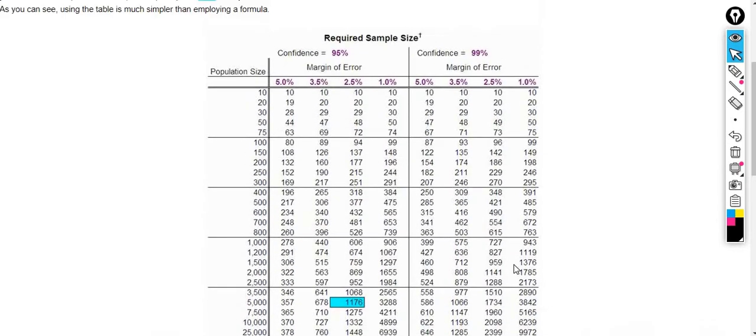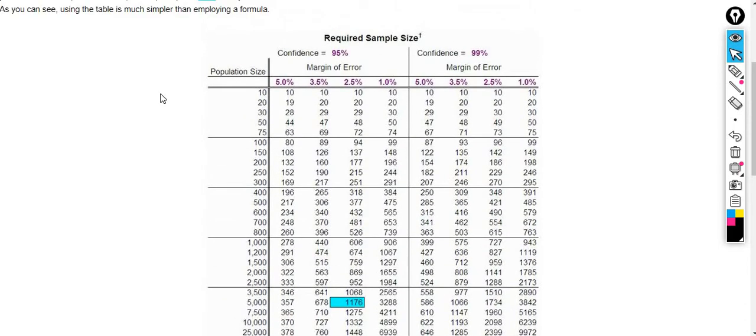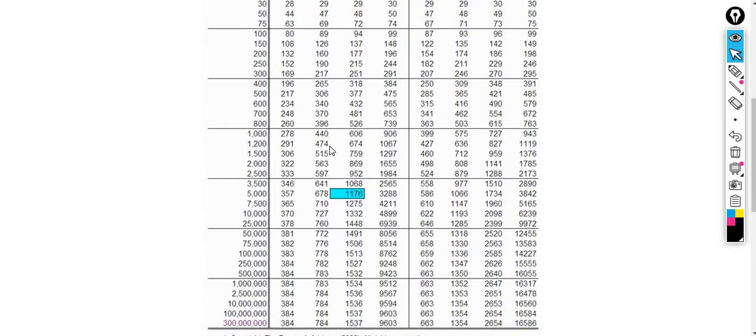And here, if we only allow ourselves 1% margin of error, that's the time we need 16,586. But as you can see, the numbers are almost all the same, even though the population numbers are drastically changing. And what is the reason for this? This is all because of the formula. The formula that is being used in our sample size table is actually beyond the scope of our course, but because of the nature of that formula, as we increase our numbers, our sample size remains as constant as it can be.